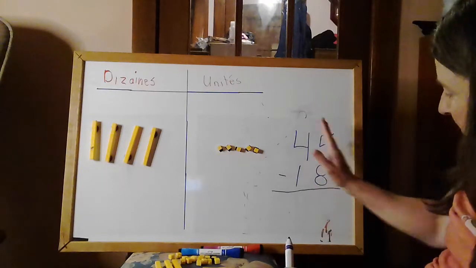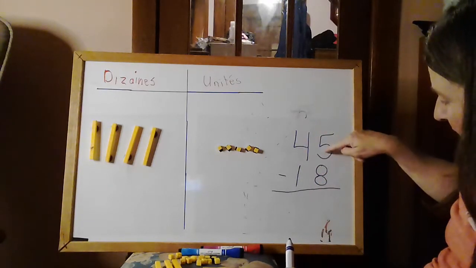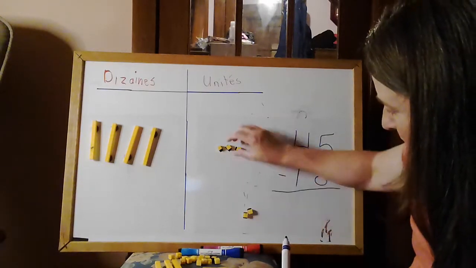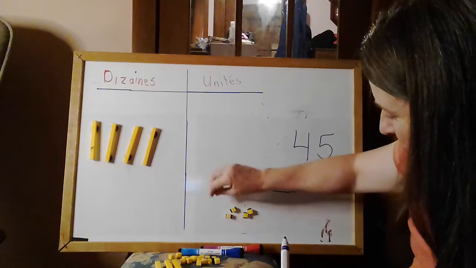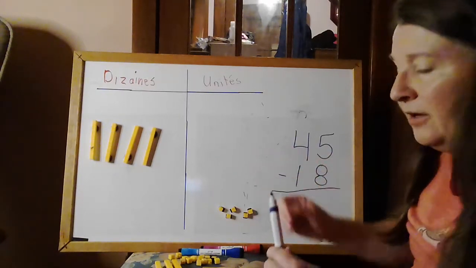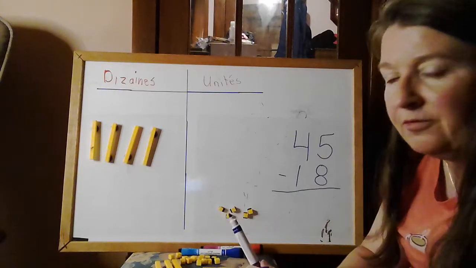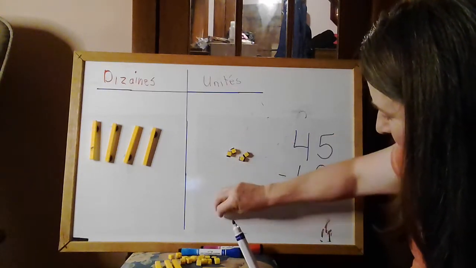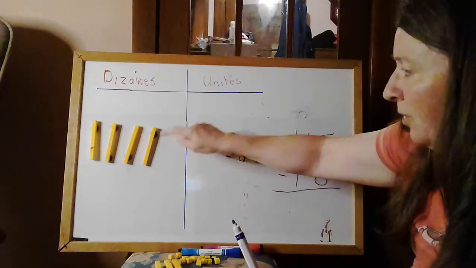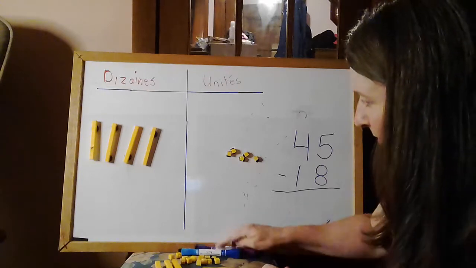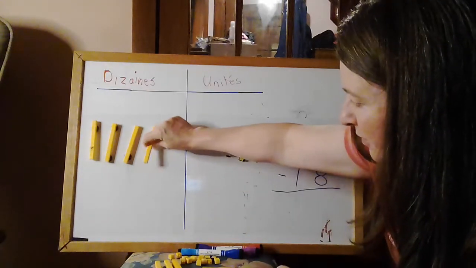First thing we do is our ones column. 5 take away 8. Great. 2, 4, 5. I have run out. I don't have enough. And when that happens, I look to my tens to borrow. Plenty of blocks over here.